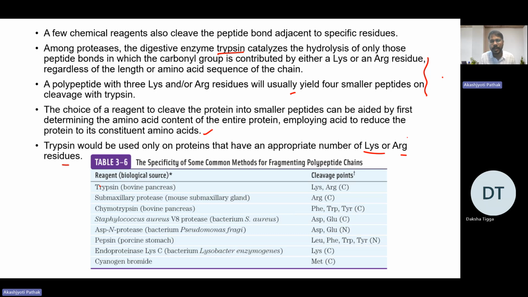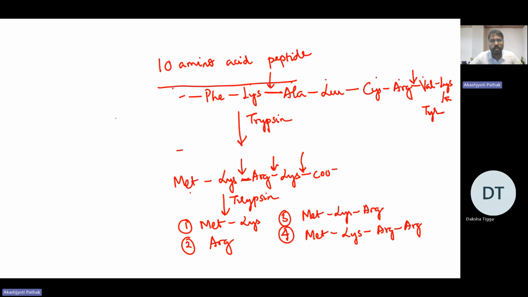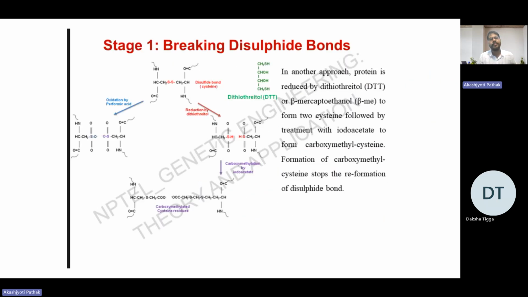Then you will not get any peptide fragments. Okay. So in that case, you have to use other enzymes other than trypsin. You can use other enzymes depending on the amino acid sequence that is present in your protein. Okay. So this was from the lecture slide.